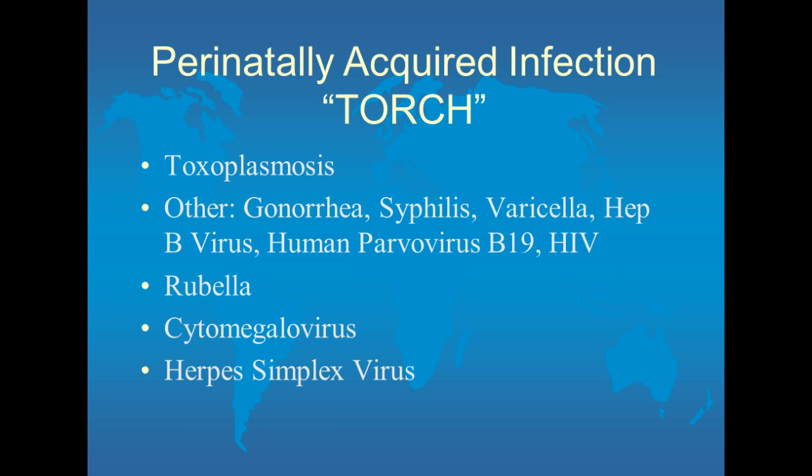And then R would be rubella. That's the measles that cause the blindness and can cause death. And C would be for cytomegalovirus, and actually a lot of these cause birth defects if a woman has them when she's pregnant. And H is herpes simplex virus.